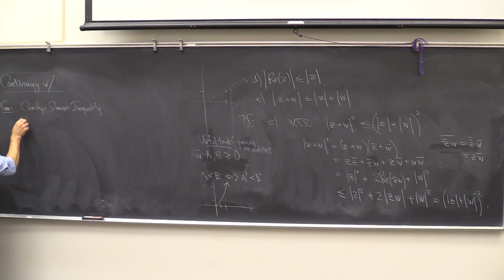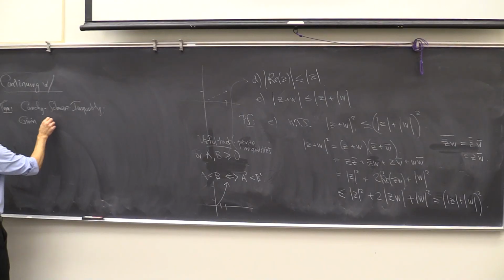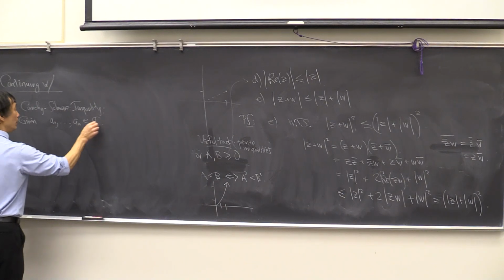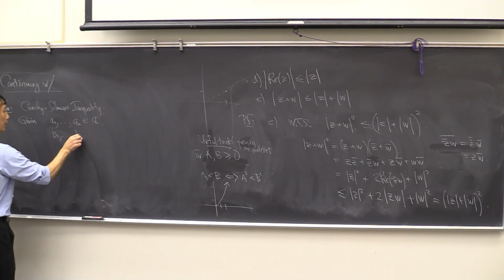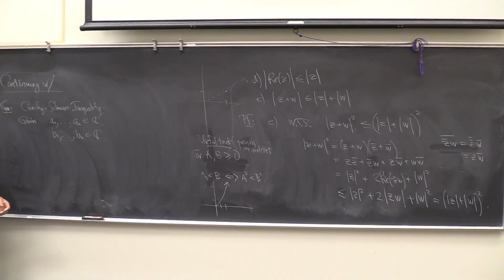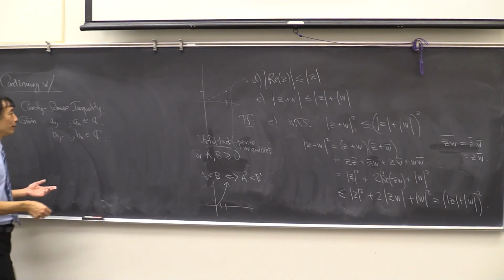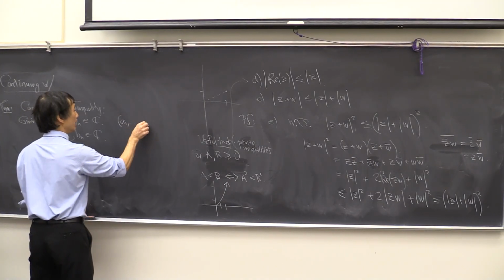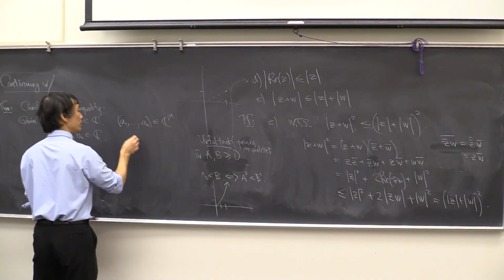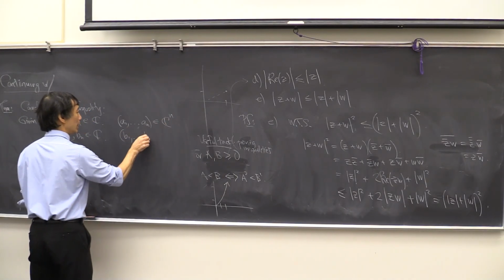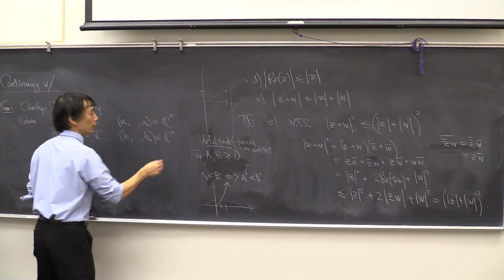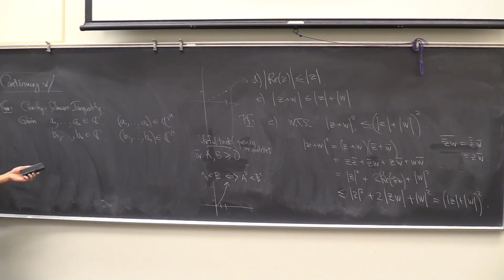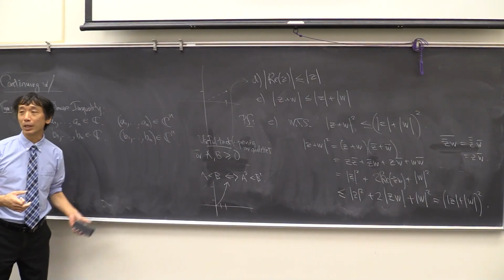Suppose you have complex numbers a1 to an, and b1 to bn. Really what you have is a complex vector, so maybe I should write it that way. So you have a1 to an in Cn, b1 to bn in Cn also. So you've got vectors where the components are complex numbers.